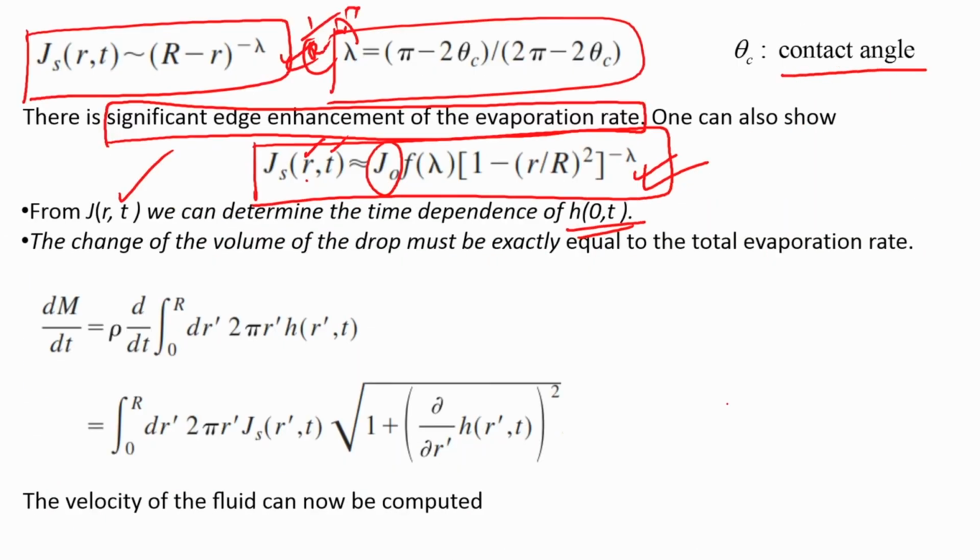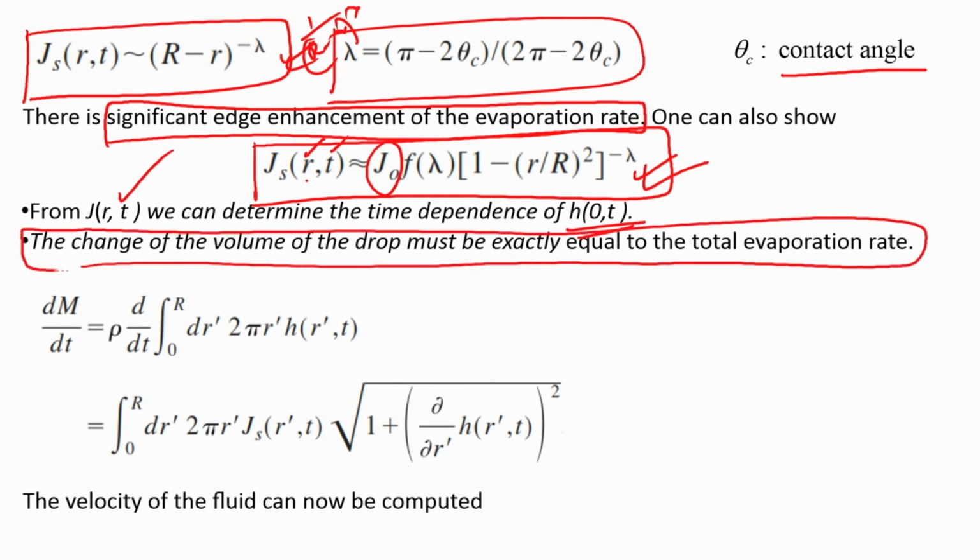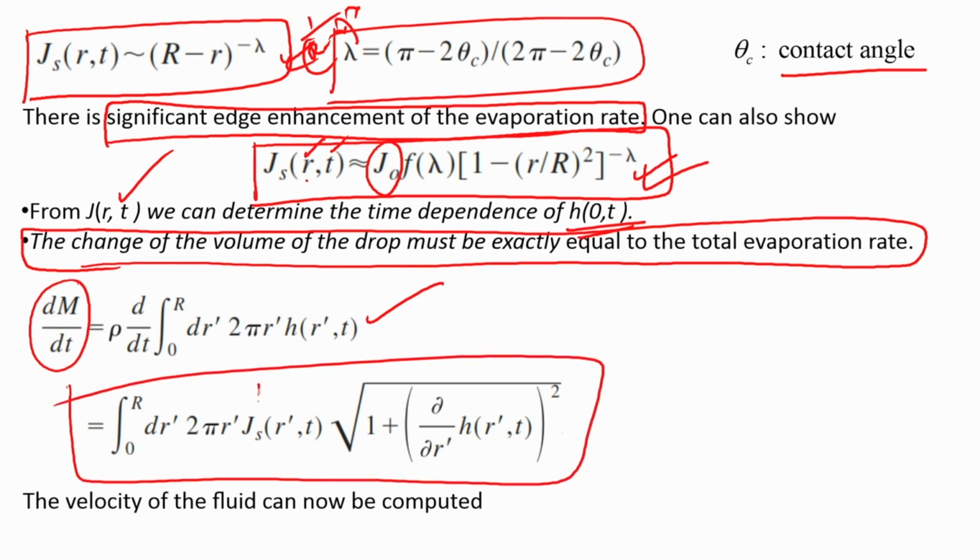The change in volume of the drop must be exactly equal to the evaporation rate. So, if we write the rate of change of mass of the drop in terms of this integral formulation, you get this expression in terms of J_s and correspondingly h.